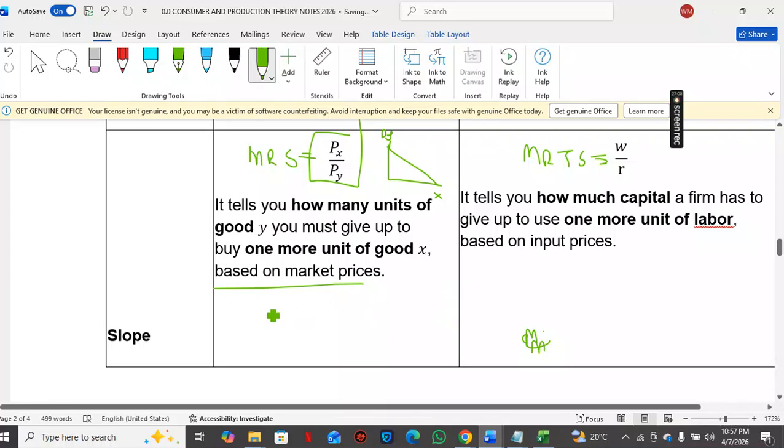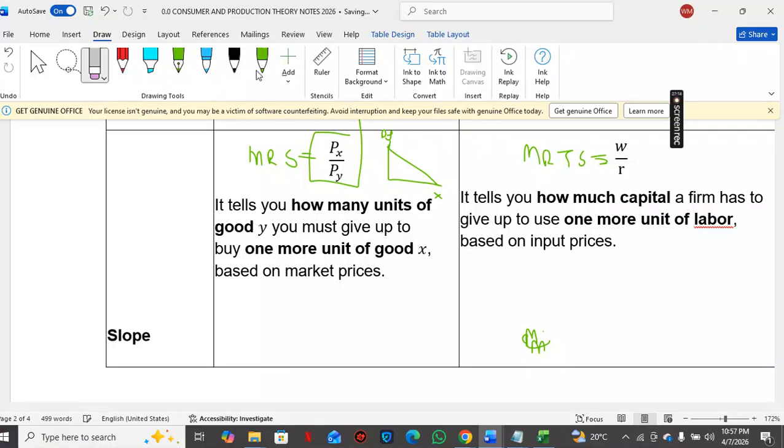So remember, this is how it starts. First you say MRS equals PX over PY. Then remember, MRS is marginal utility of X over marginal utility of Y, equals PX over PY.